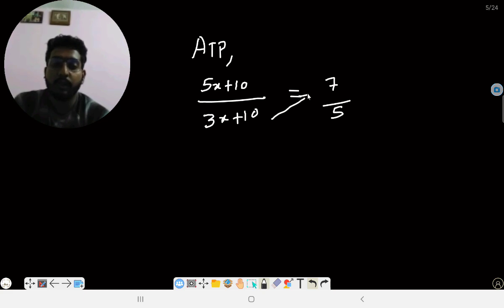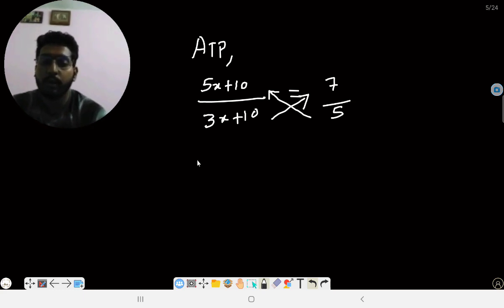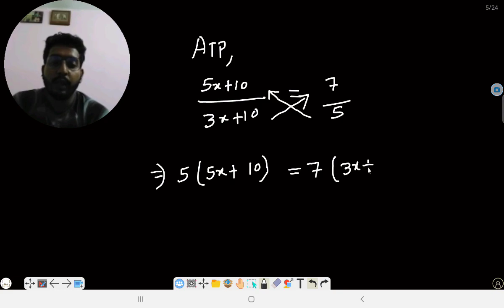Now cross multiplication, this one multiplied with this one. Now simple thing, a linear equation you have to solve, cross multiplication. So 5 into 5x plus 10 and 7 into 3x plus 10.